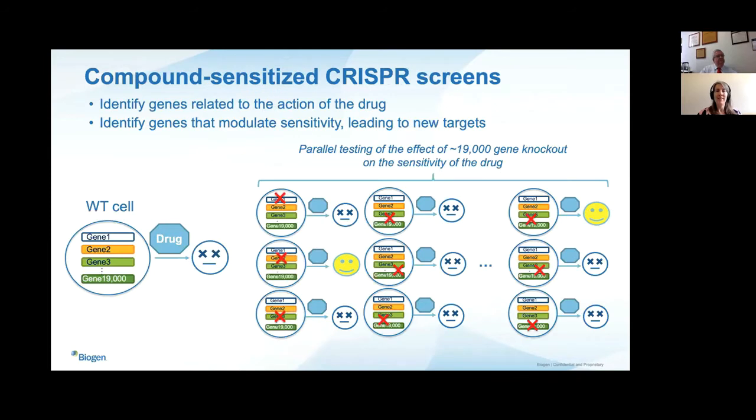So what exactly is a compound sensitized CRISPR screen? What we want to do is identify genes related to the action of our drug, as well as some genes that might modulate the sensitivity. This cartoon is the simplest example of a compound sensitized CRISPR screen. The original papers in 2016 were survival screens, either in the oncology space or antiviral space, where you have a cell that dies in the presence of the drug.